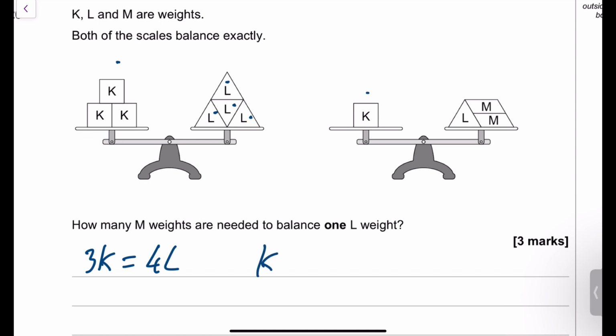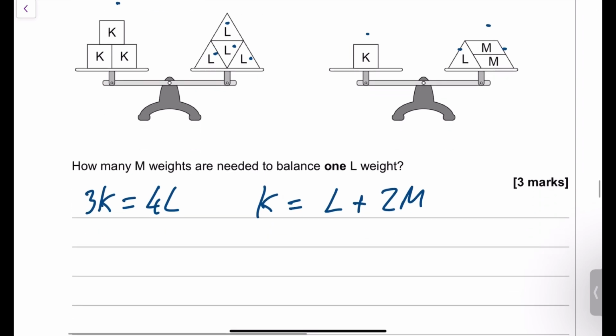Over here, you've got 1K is equal to 1L plus 1L plus 2 M's. The question is, how many M weights are needed to balance one L weight? So 1L equals some number of M's. That's really what we're trying to find. So what we need to do is find L in terms of M.